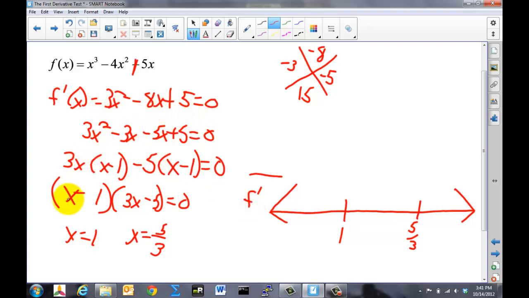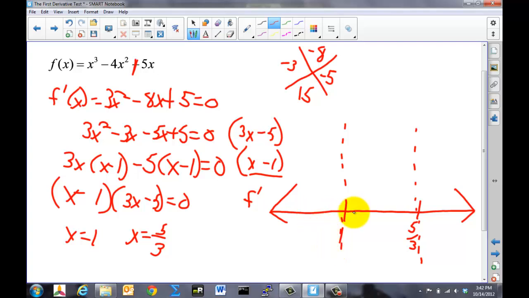Well, what are the factors? They're these things right down here. So I'm going to write them out like this: x minus 1 and 3x minus 5. And the way we want to envision this is that these two critical points break up our line into three distinct regions: region 1, region 2, region 3.